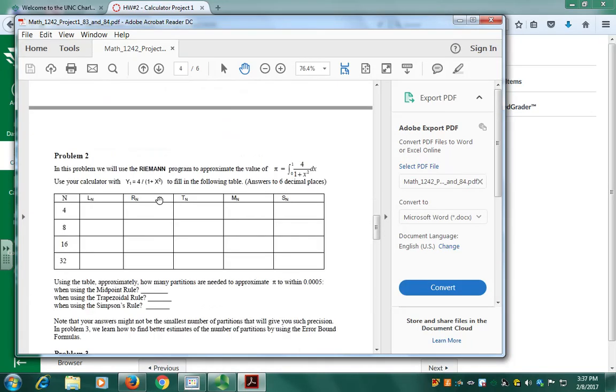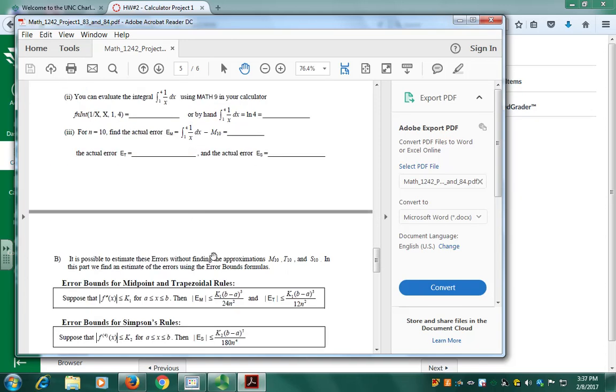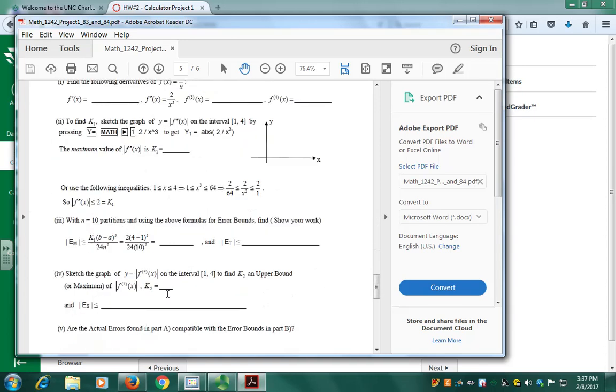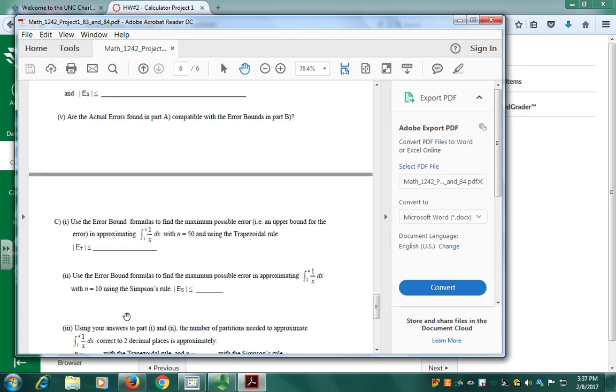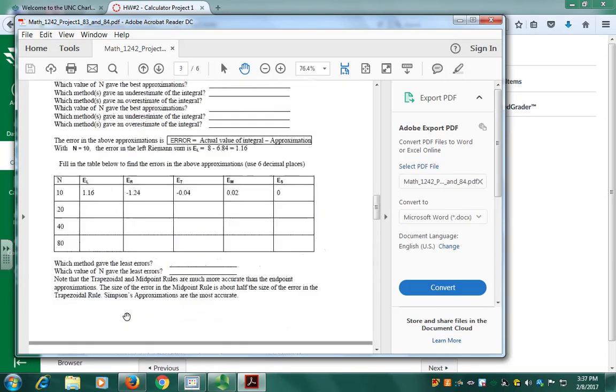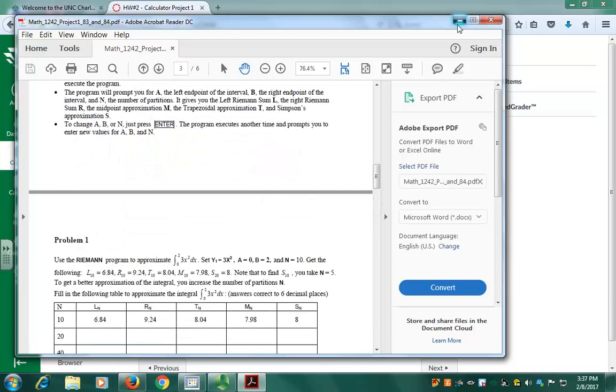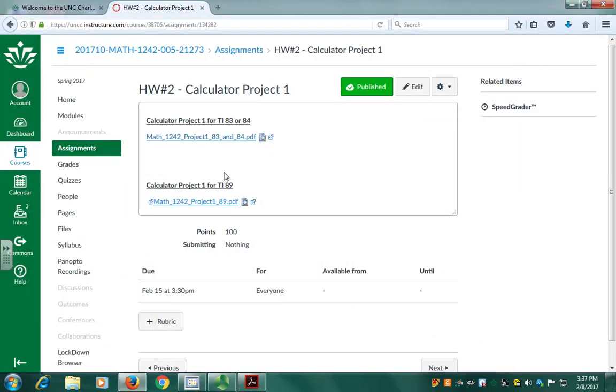And we'll talk about that today. We give you a few problems to understand the power of the Riemann sum stuff, and also the power of the calculator and what it's actually doing for you. This project is due when? It's due Wednesday. And I put two of them up here, because it depends on what kind of calculator you happen to have.